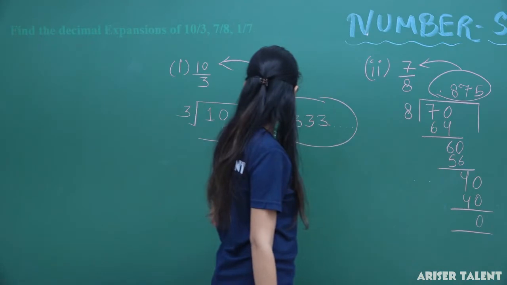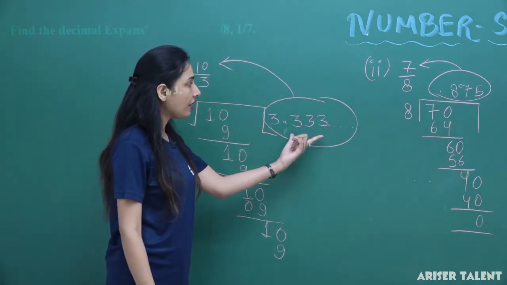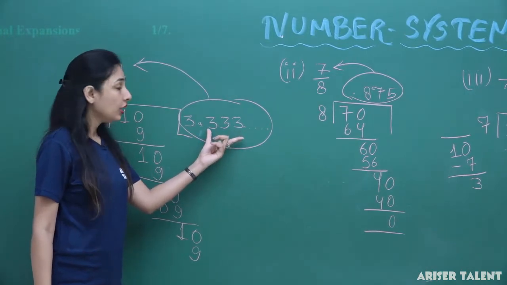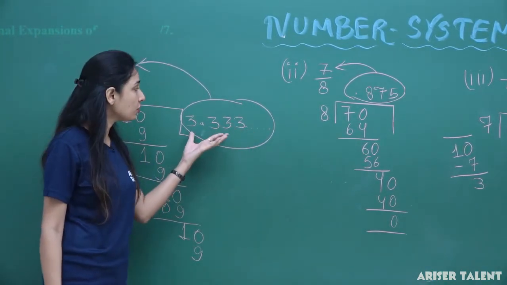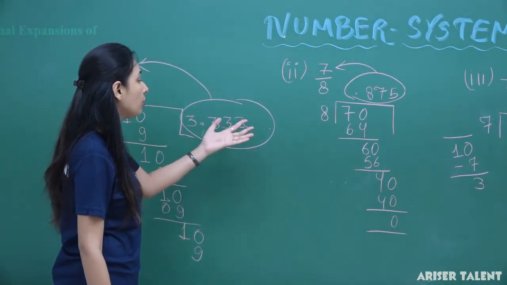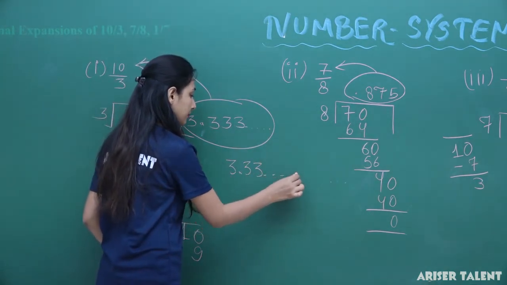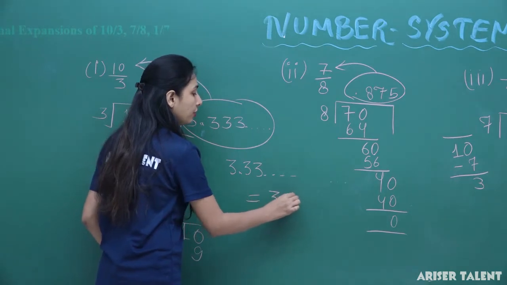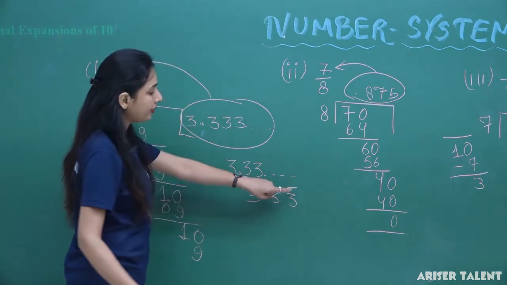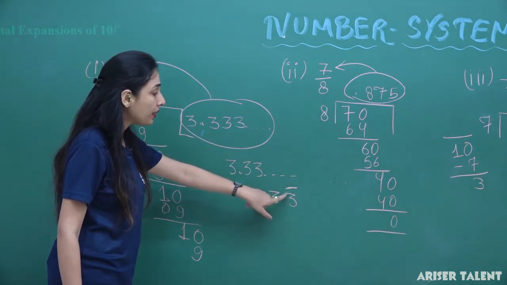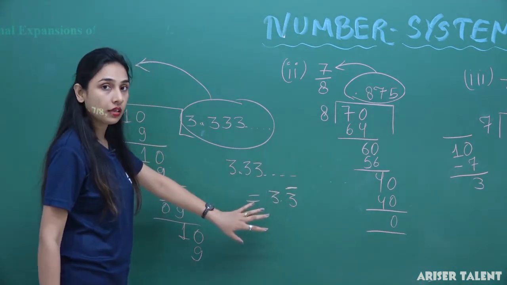And when we have such kind of repetition, like 3.33333, we just don't write it like 3.333 and dot dot dot. We write it like 3.3 bar. What do we call it? Bar. We put a bar on the particular number which is repeating.